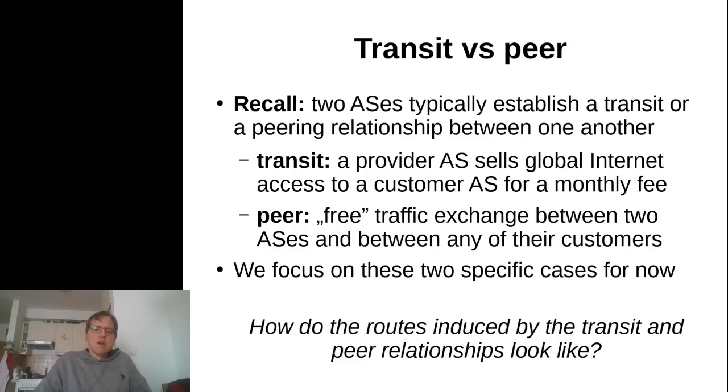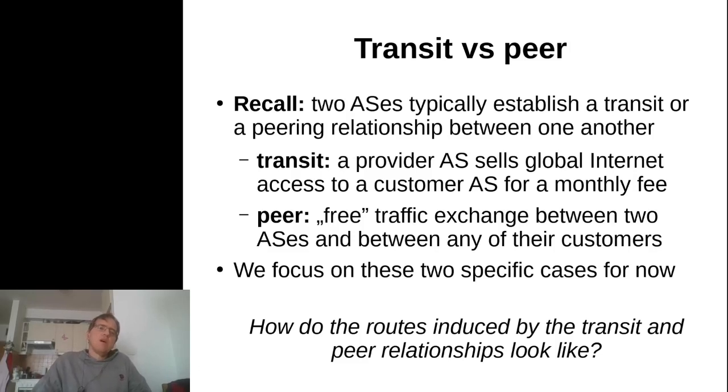And recall that the idea is basically to save on transit fees. We are going to just focus on these two specific types of business contracts in the rest of this lecture, and actually in the rest of this lecture series as well. But we try to stress here, and later on we are going to recall this a couple of times, that reality is much richer than that.